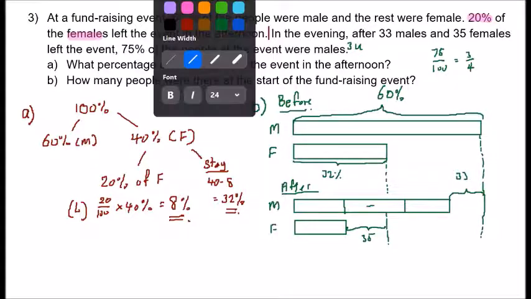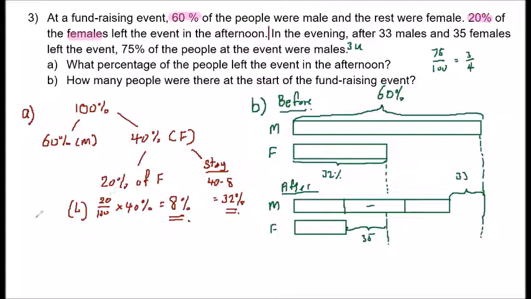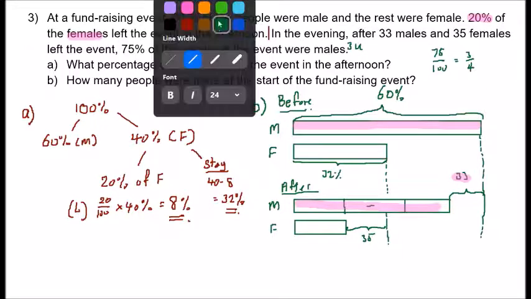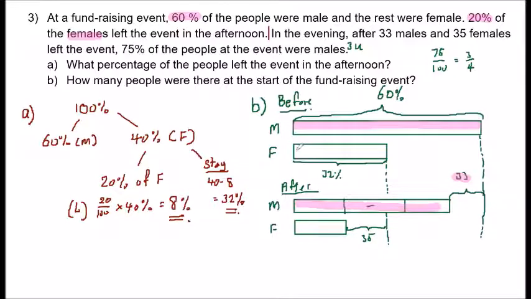I'm running a bit out of space, so I'm trying to squeeze it a little bit. Guys, can you see this? Let me just highlight. These 3 units plus 33 will give us 60%, and also this 32% is actually 1 unit plus 35.